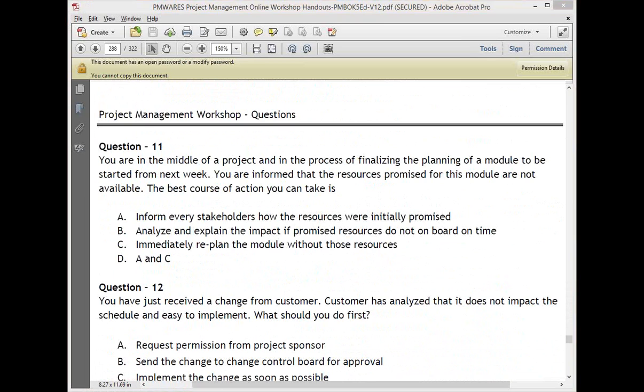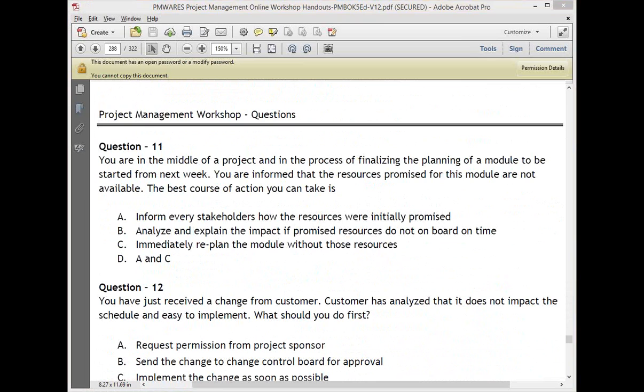You are in the middle of a project and in the process of finalizing the planning of a module to be started from next week. You are informed that resources promised for this module are not available. The best course of action you can take is, okay, so again, whenever an unforeseen situation or unwanted thing has come, what do we do? We first analyze and then take action.